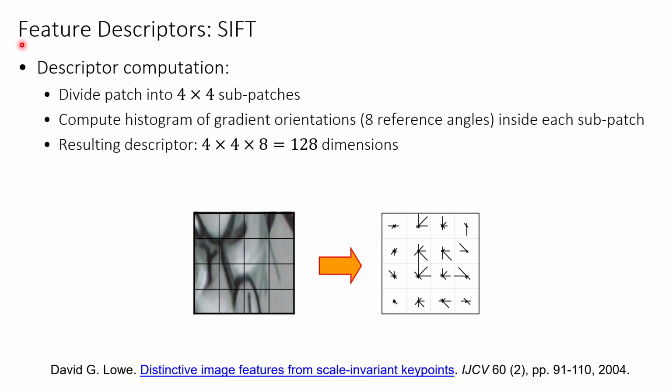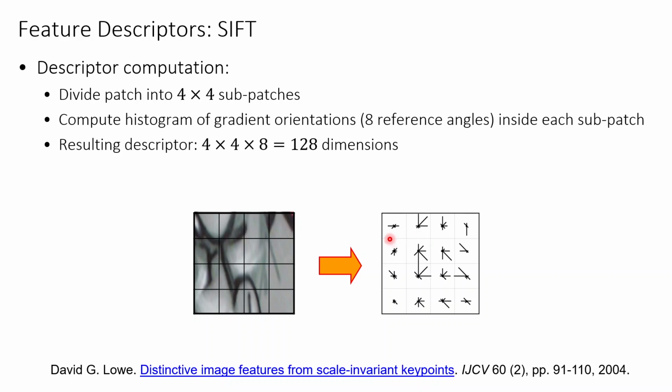One of the very well-known descriptors is the so-called SIFT descriptor, described in this paper. Divide the patch into 4 by 4 sub-patches, and in each of those sub-patches, we compute the amount of gradient in the horizontal direction, angle 0, angle 45, angle 90, like that. Along 8 directions, we compute the gradient strength.